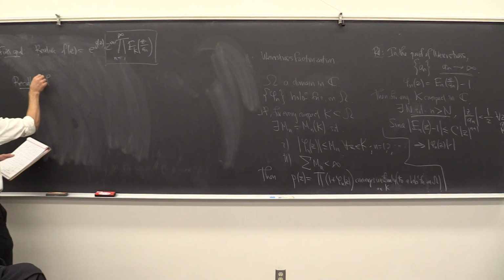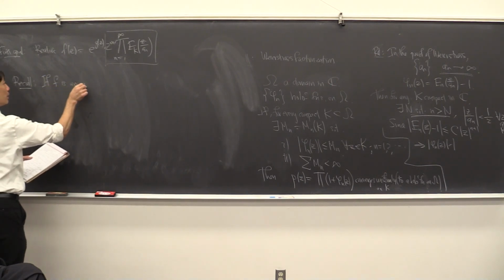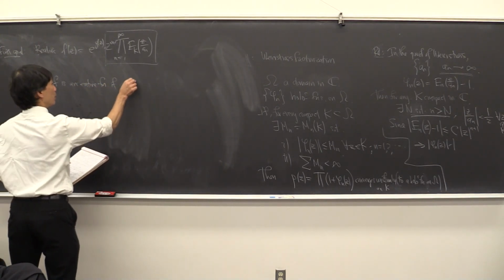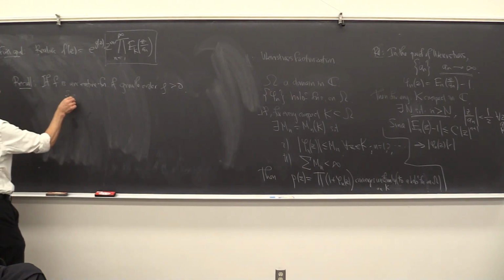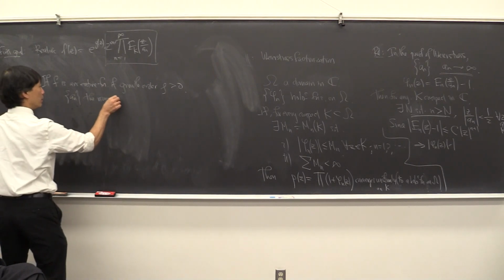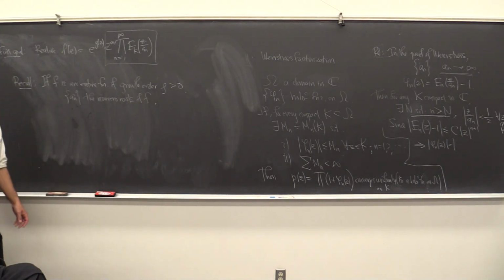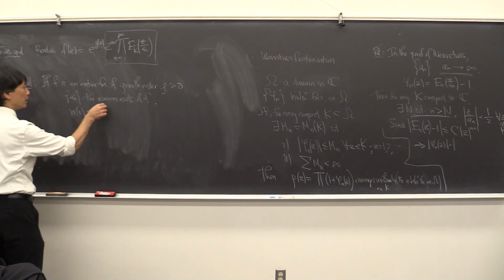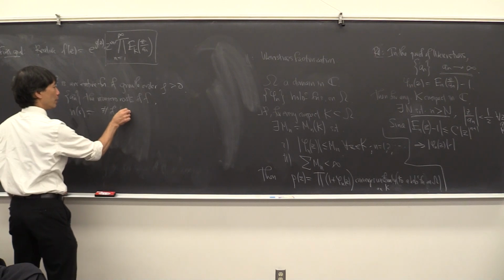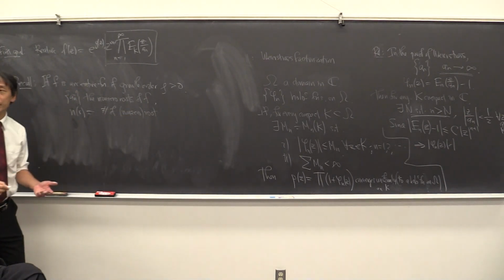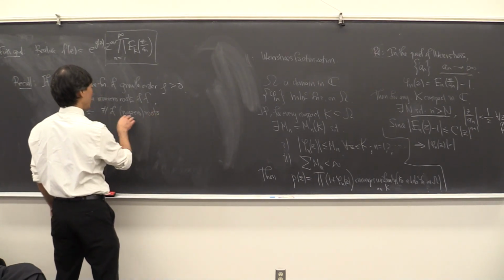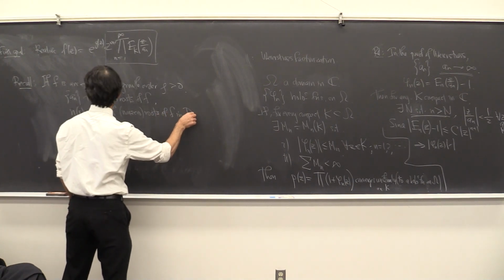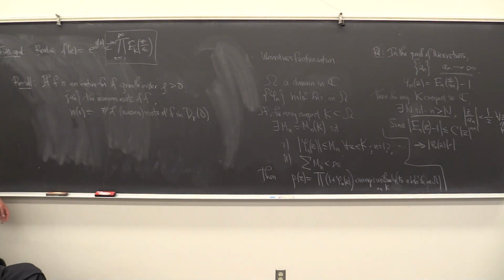If f is an entire function of growth order rho, and we denote by a sub n the non-zero roots of f, and by n of r the number of non-zero roots of f in the disk of radius r around 0 (it could be all the roots are non-zero, it won't make a difference), we showed two things.